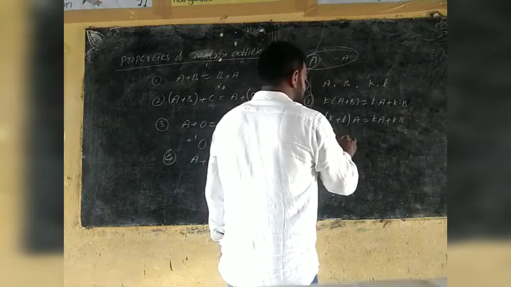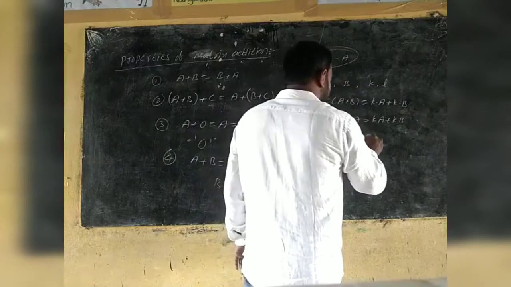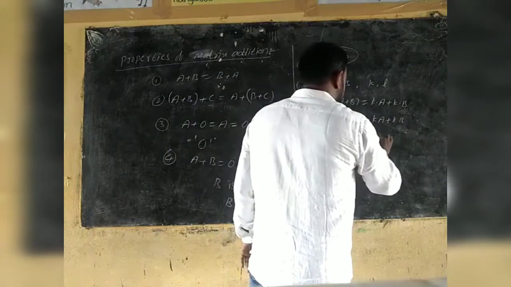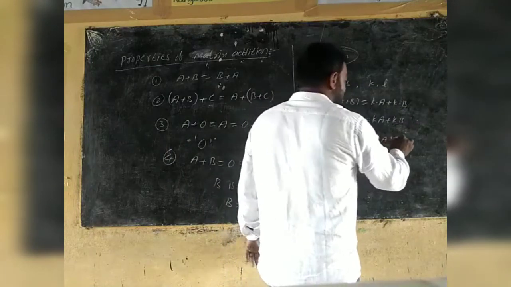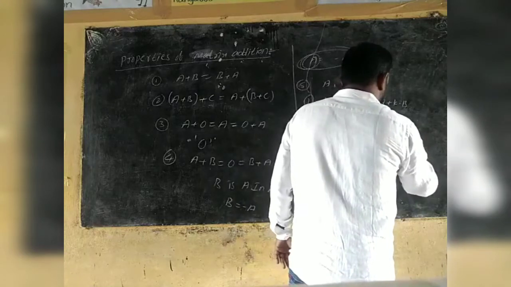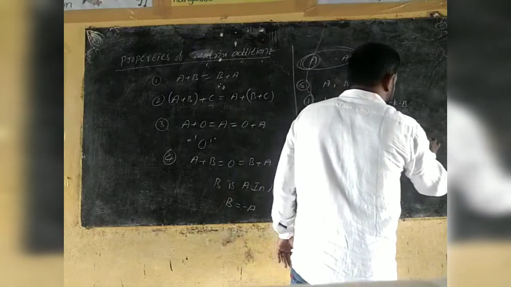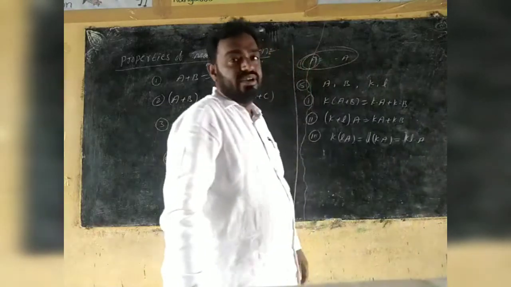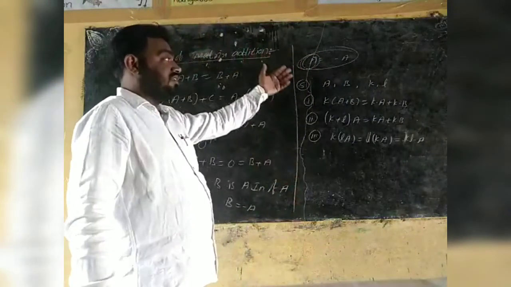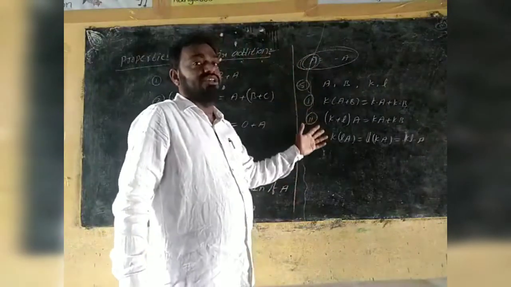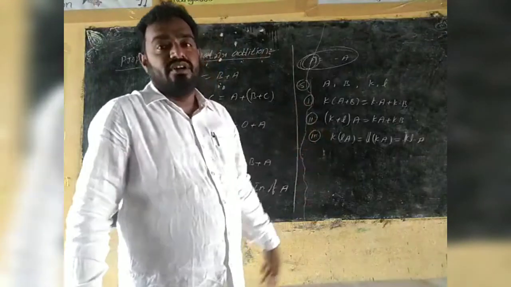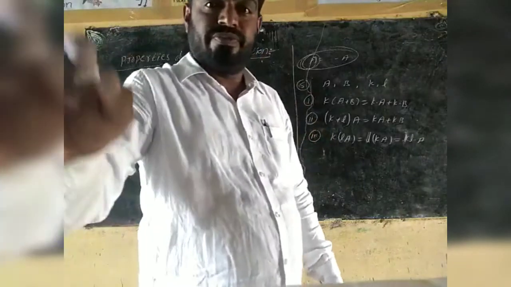Next, K into (La) is equal to L into (Ka), which is equal to KL into A. These are the properties of scalar multiplication of the matrices.